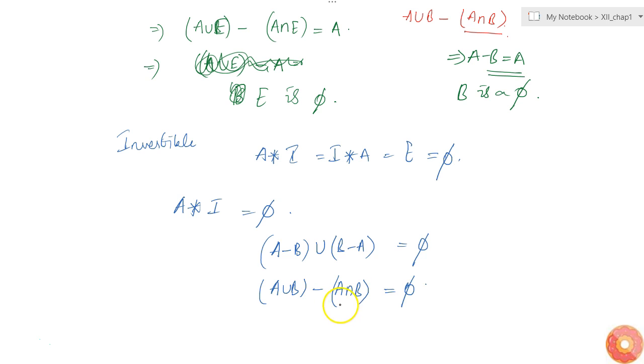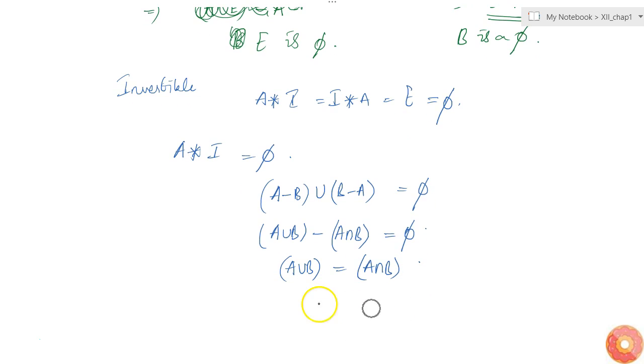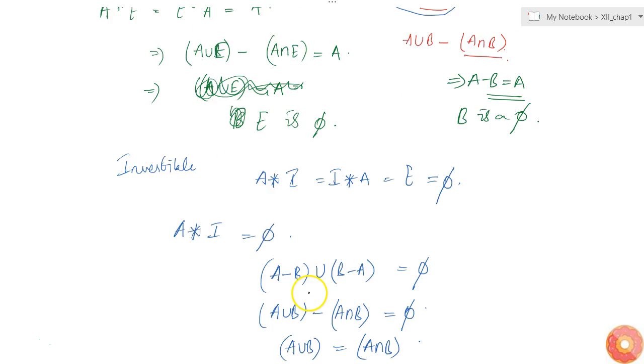When does this happen? This is equal to phi, that means A union I is equal to A intersection I. Only then this thing happens.